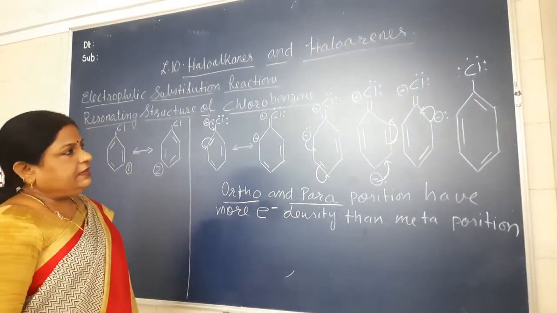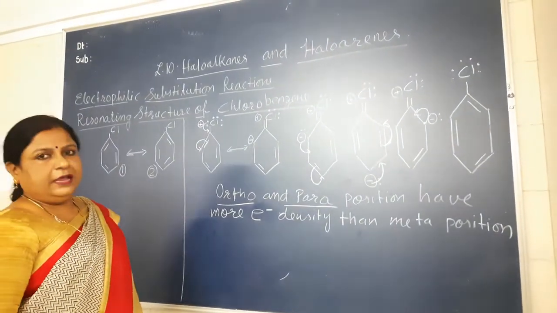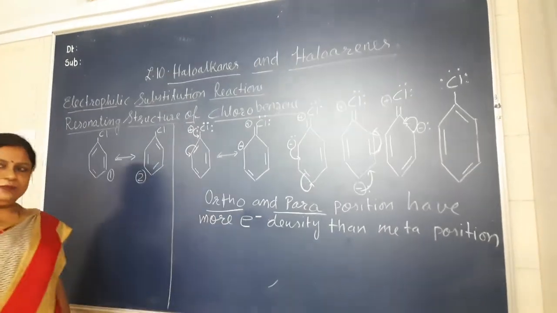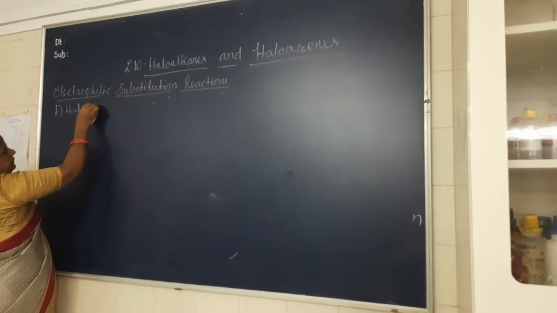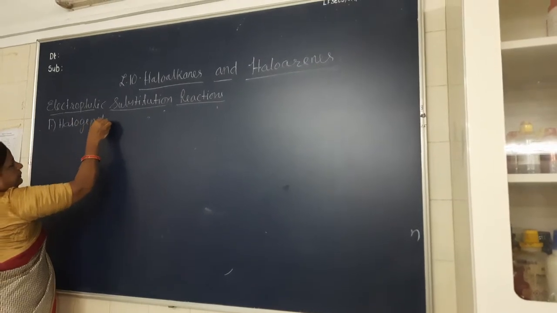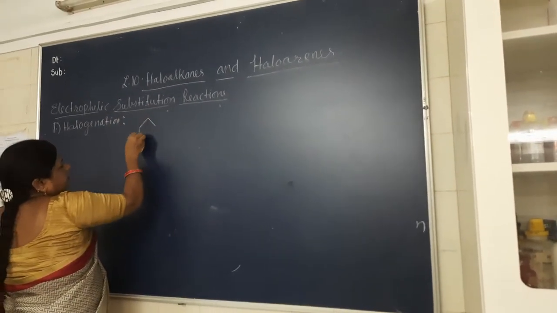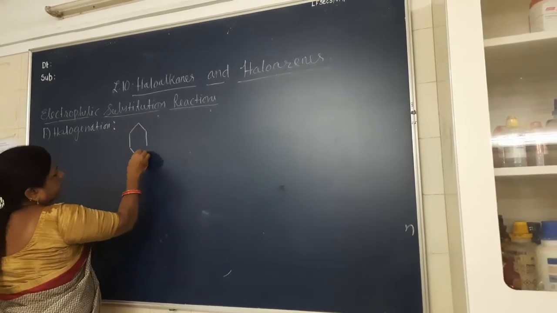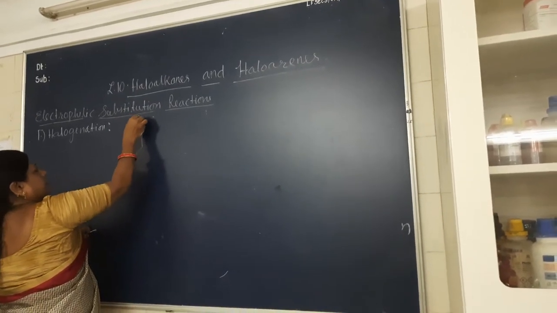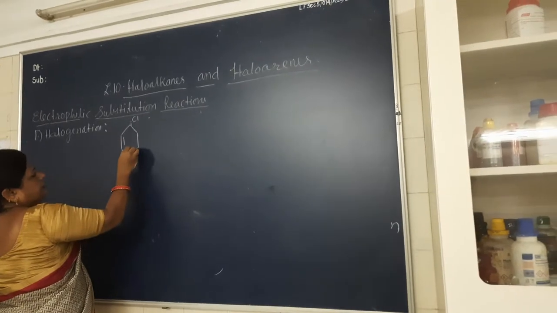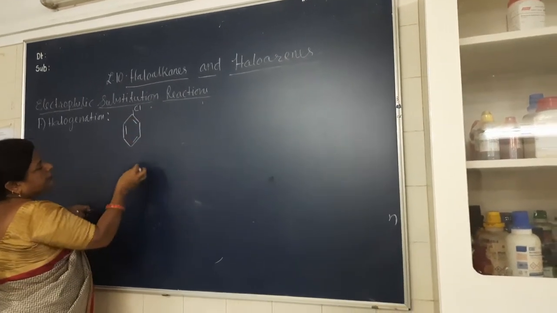Correct? Now I will tell you the reactions of haloarene. Let me write halogenation. What reaction I will write, you know? Chlorobenzene. This is chlorobenzene. Alternate double bonds are there.